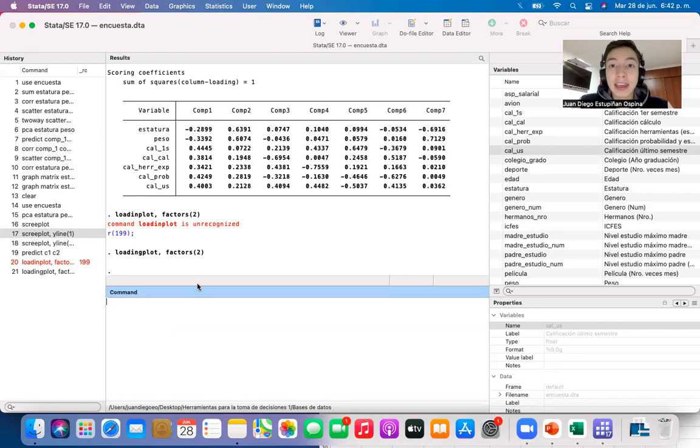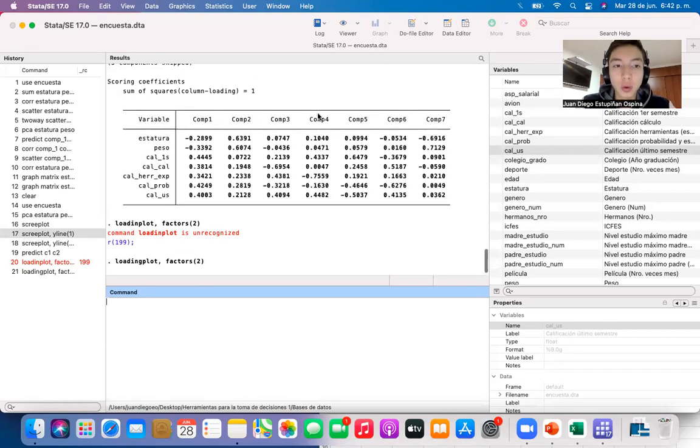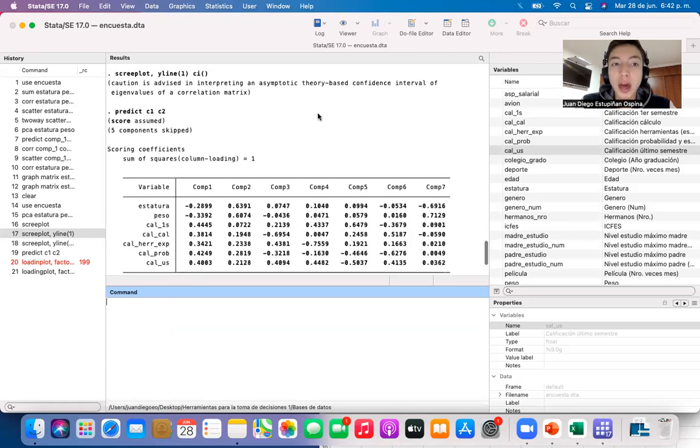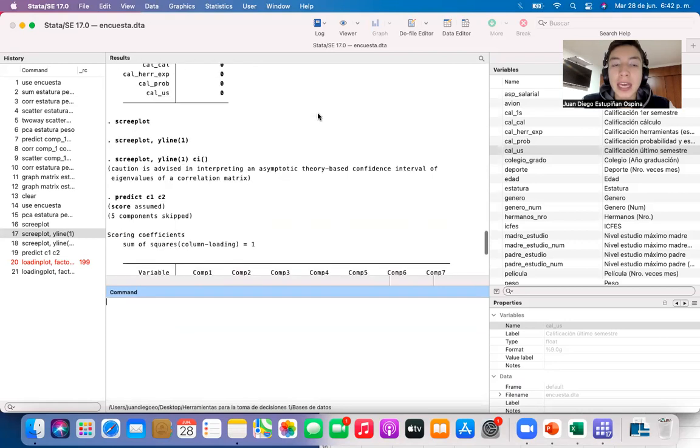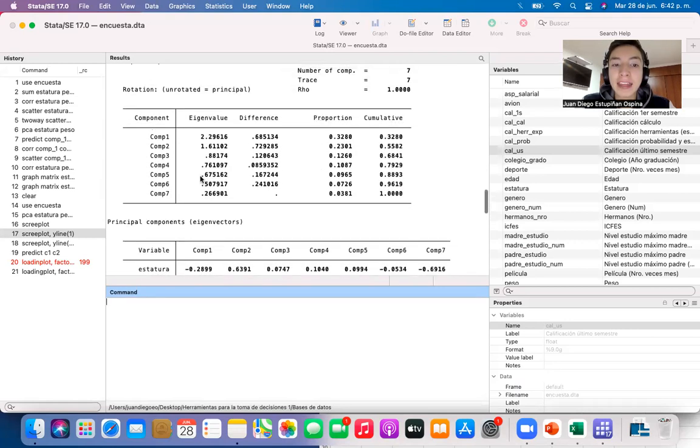And yes, I think that's all I have to present to you. Do not forget to always keep in mind the difference between the eigenvalue and the eigenvectors. They could sound similar, but represent different information.